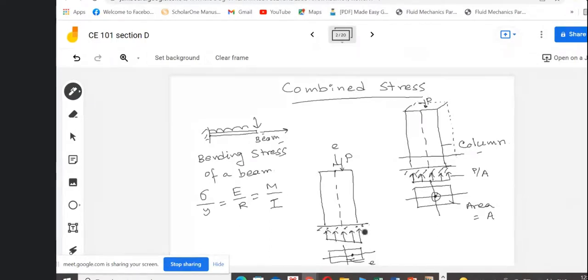One side there is some maximum value, the other side some minimum value, and the stress distribution will vary from that minimum to maximum. So here the stress is non-uniform, whereas in this case it is uniform.